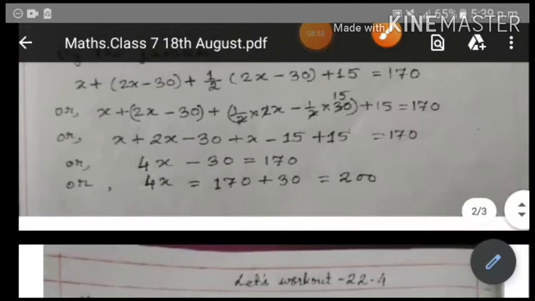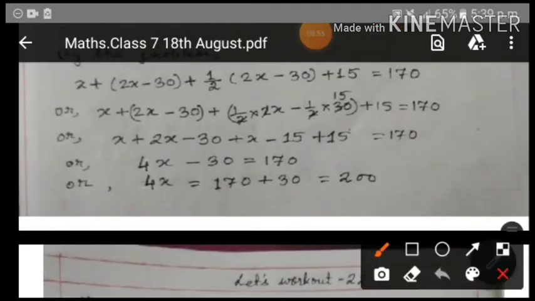Let us move to the further calculation. x plus 2x minus 30 plus x minus 15 plus 15 equals 170.